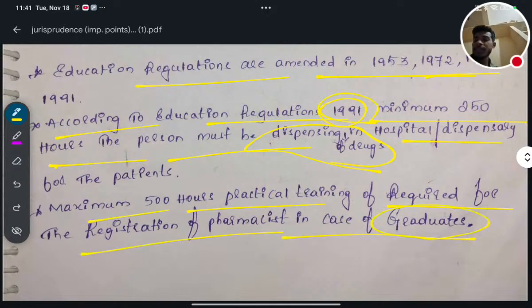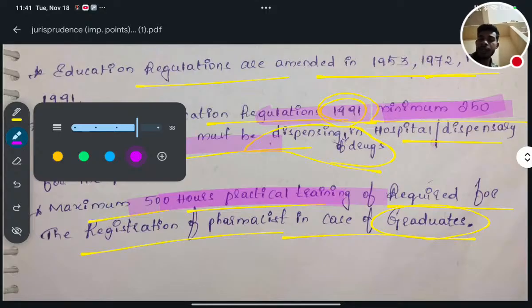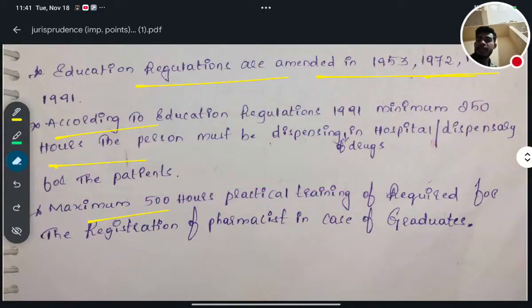So you have to remember 500 hours of practical training, or a minimum of 250 hours of the person dispensing drugs in a hospital or dispensary. This is according to the regulation of 1991. Okay, so you have to remember that. This is a very important point.